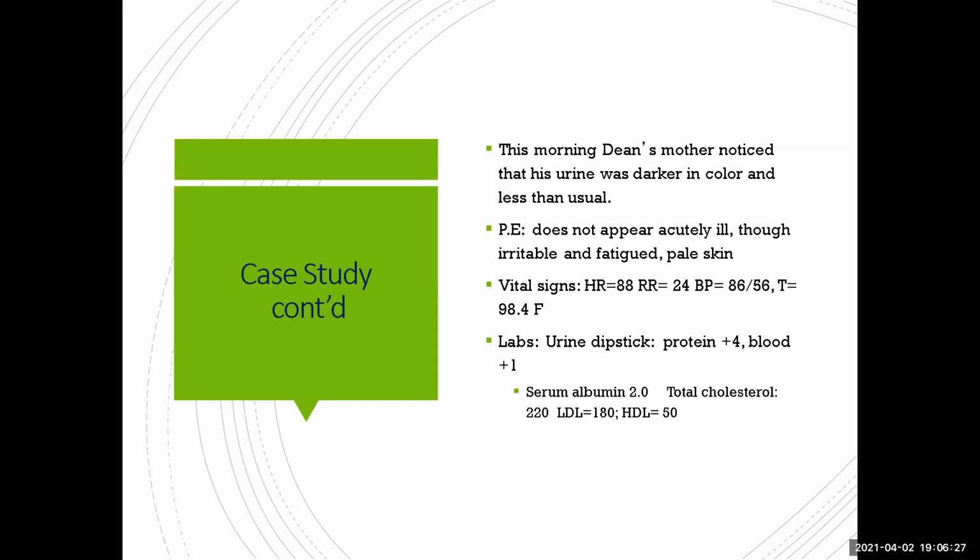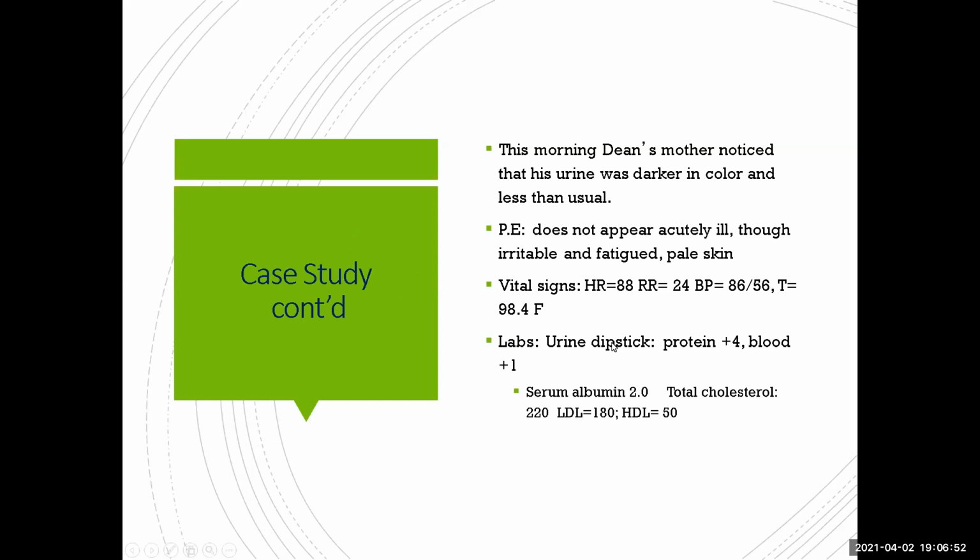But what about the albumin and the urine dipstick? That's not good, right? The protein is +4 and there's blood in it, and then the rest of the blood workup.